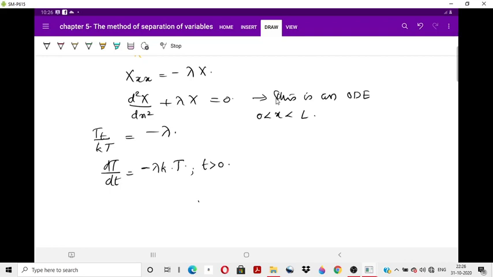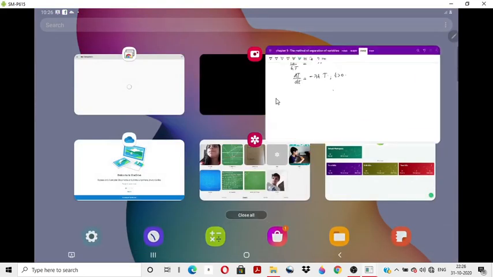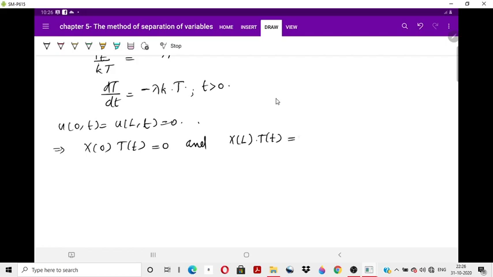Now the function u satisfies the boundary conditions. Consider the boundary conditions. U at 0 comma t is equal to u at L comma t is equal to 0. That is X of 0 into T of t equal to 0, and X of L into T of t equal to 0.